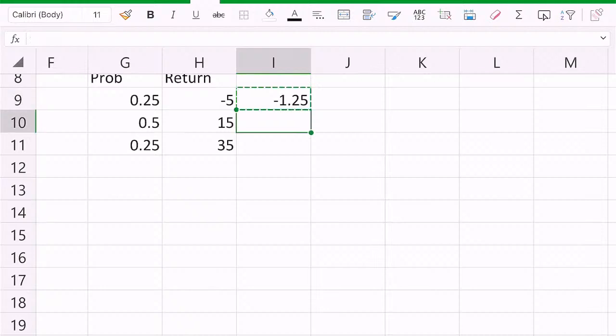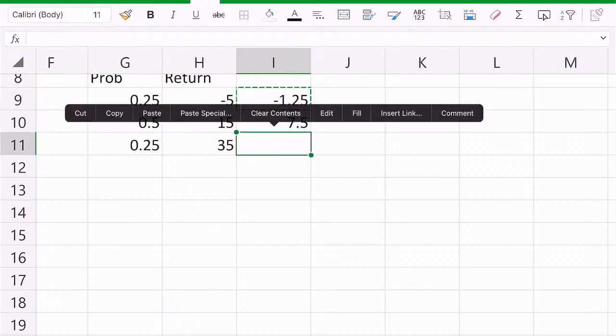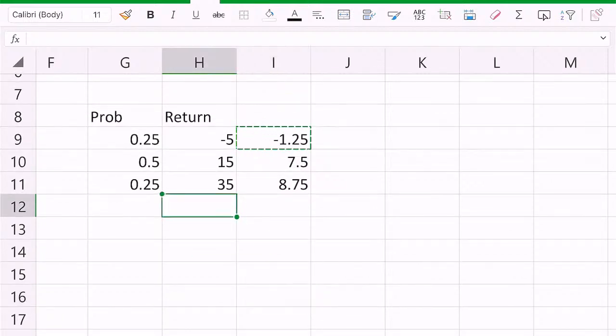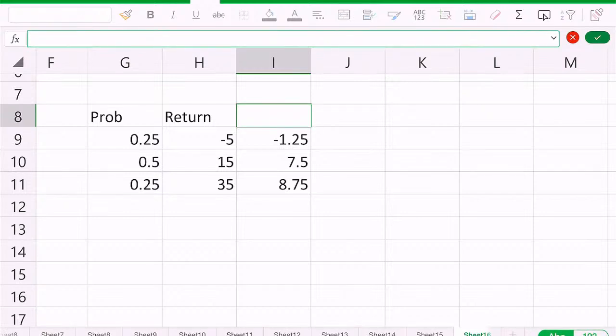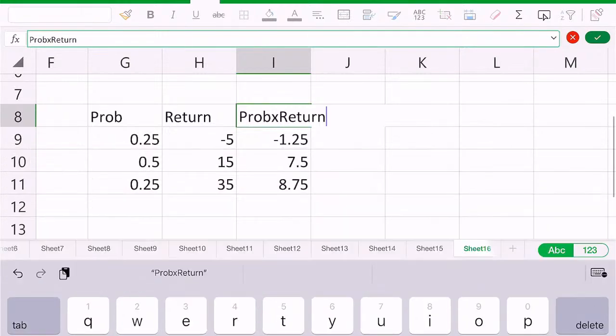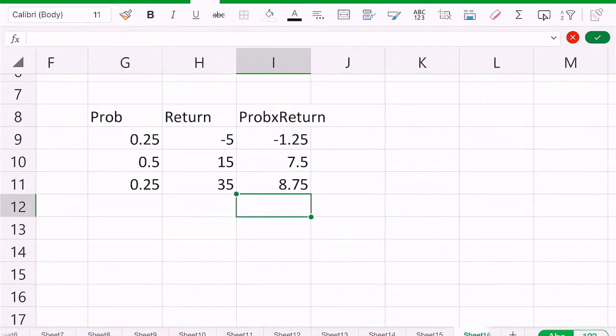I haven't figured out how to use this on my iPad yet. And so I sum those. Let me make a note that this is probability times return. And the sum is the weighted average.